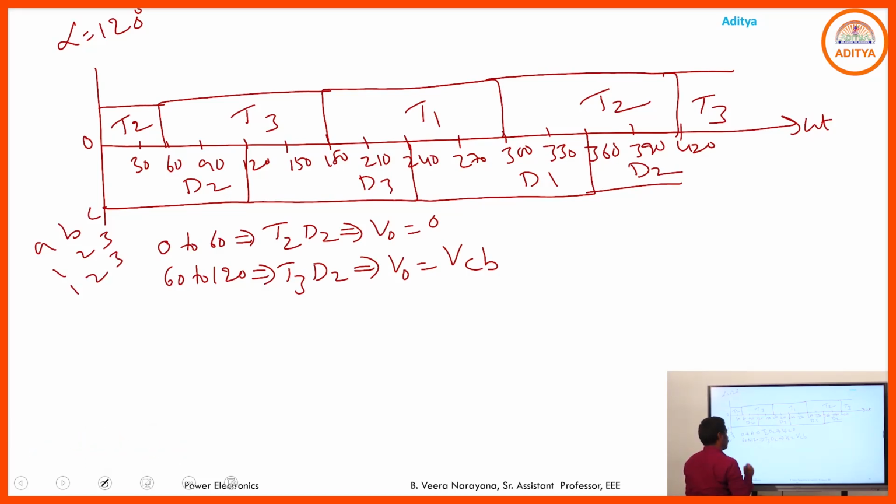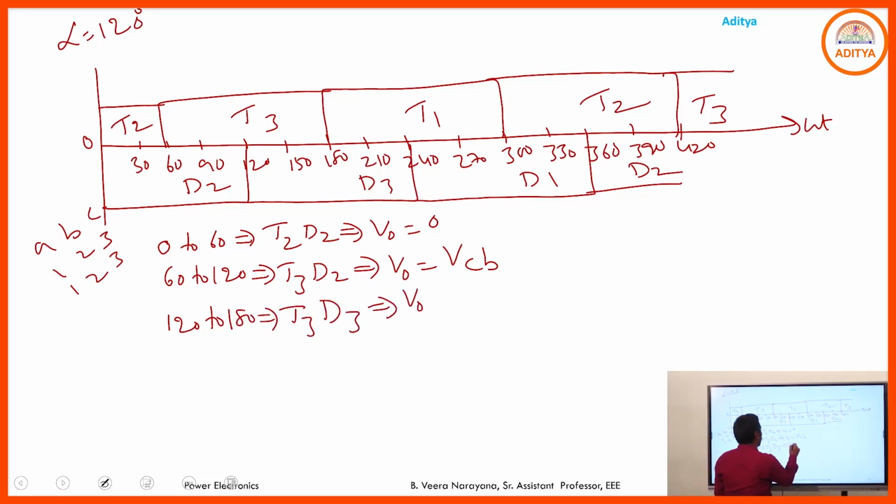3 to na VCB. 120 to 180, T3, D3. Again these devices must lie on the same leg. Again the output voltage is 0. 180 to 240, T1, D3.